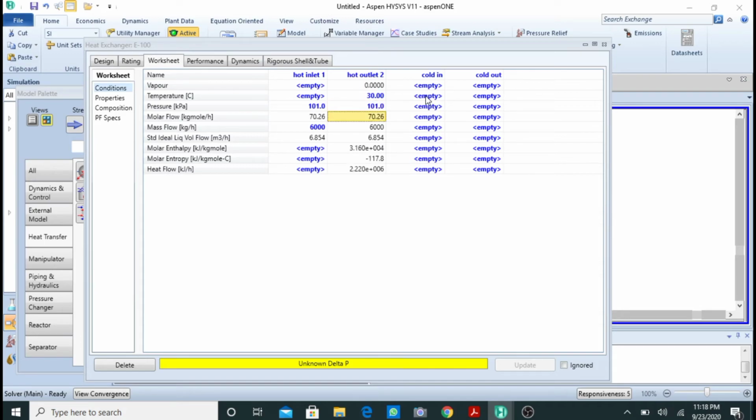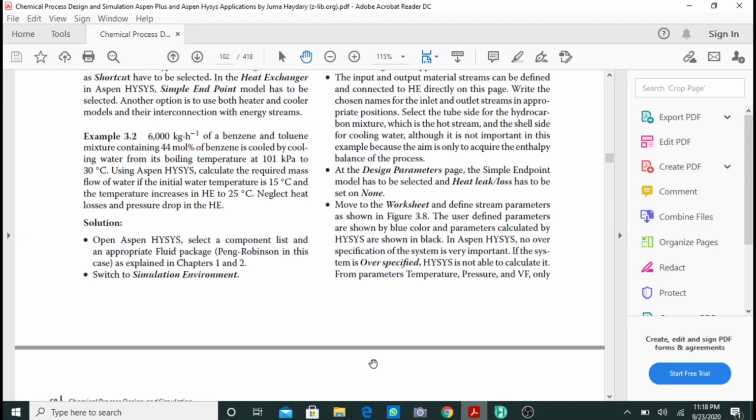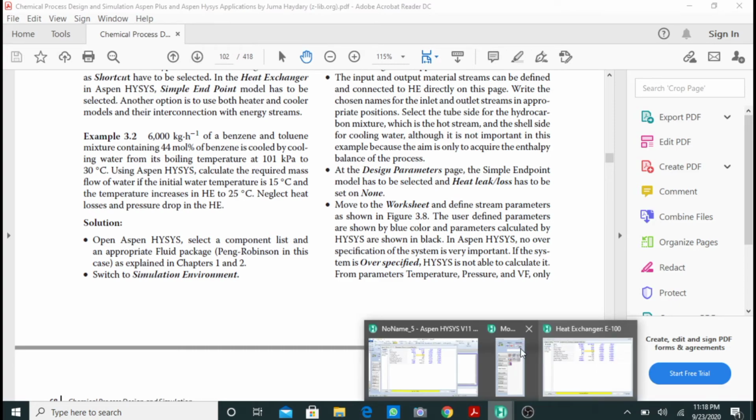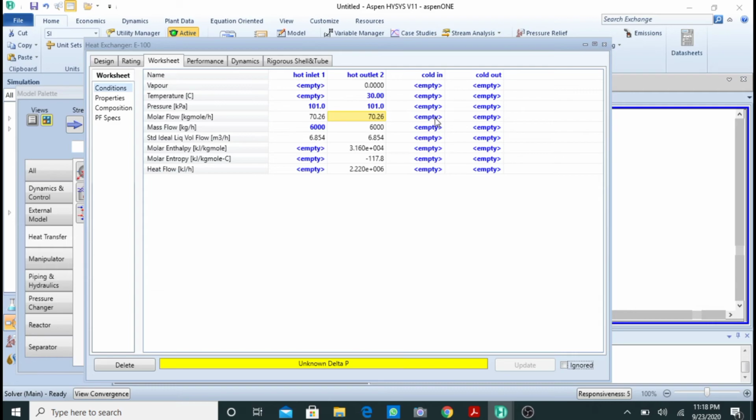In the problem it was written that water was used, so I will again show you the question. The cooling water was entering at 15 and leaving at 25 degrees, so water inlet will be at 15 degrees and water outlet is at 25 degrees.